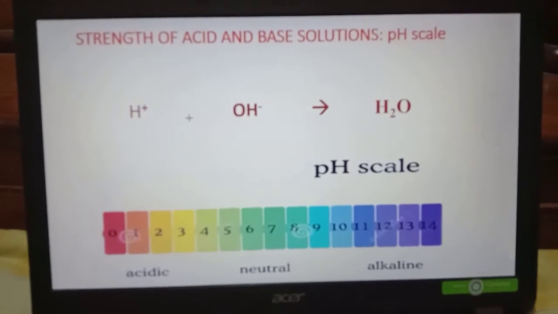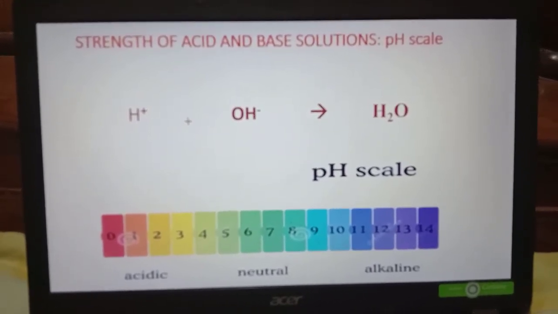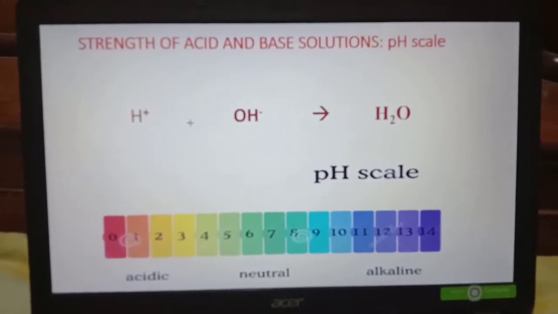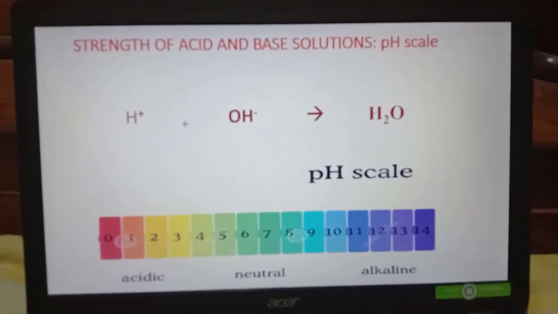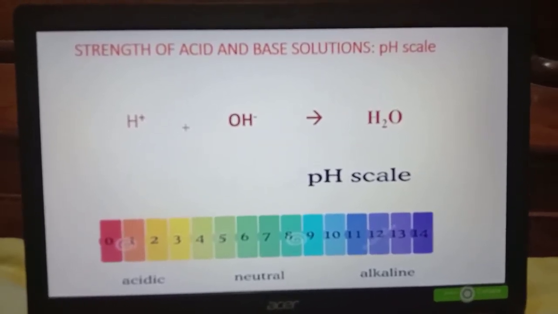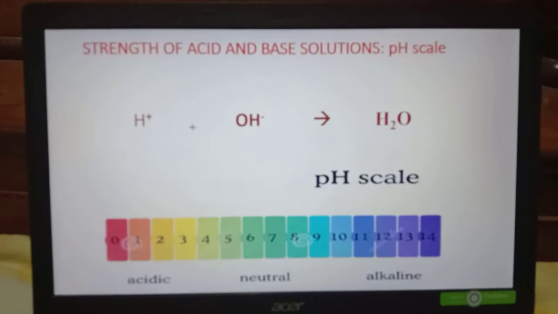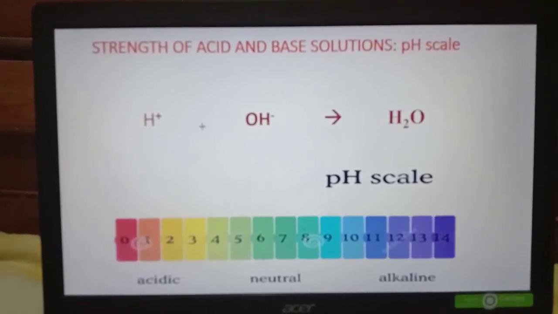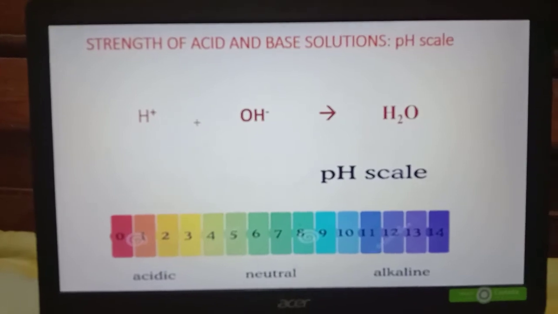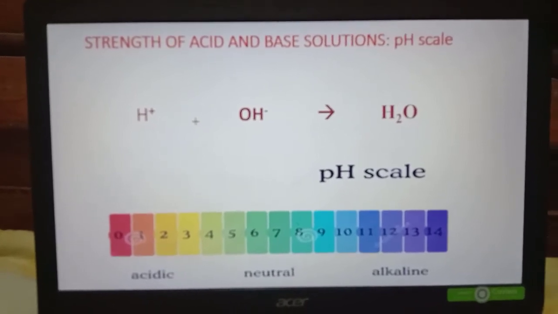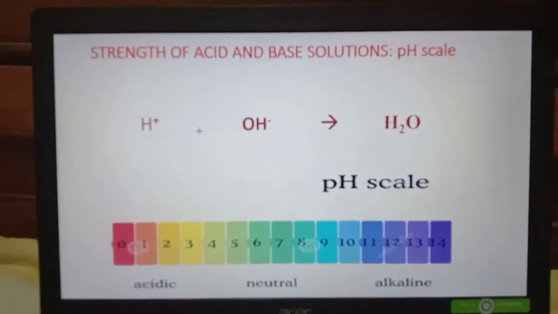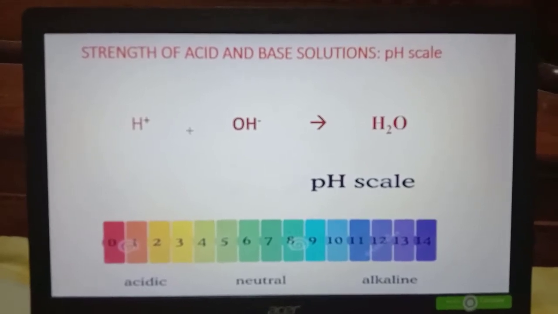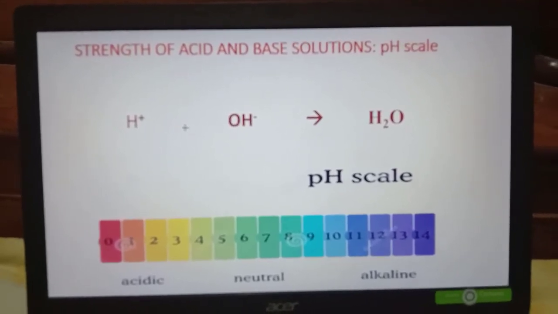Some hydroxyl ions are already present in the water solution, and some have come in the form of base. So what has happened in the solution? Now the concentration of hydroxyl ions becomes excess, and due to the presence of these hydroxyl ions, the solution becomes basic and shows basic properties.